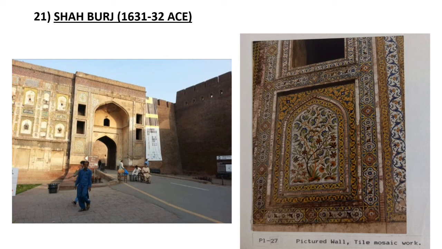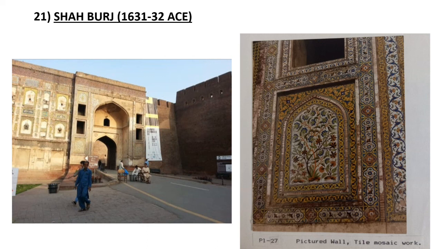This monumental gateway has been richly adorned with tile mosaic or glazed mosaic ornamentation, whereas on the right side you can see a floral plant, very beautifully done through tile mosaic ornamentation.